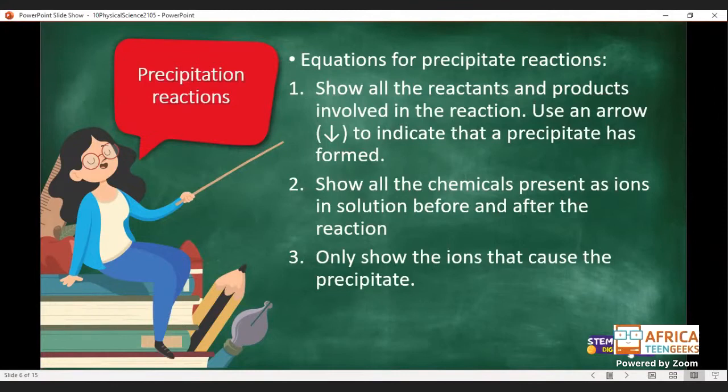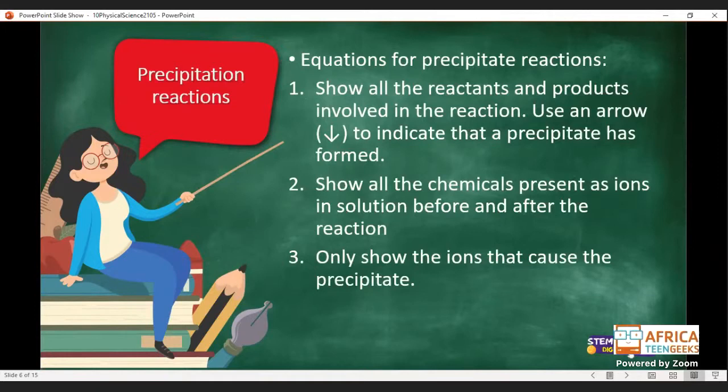And how we say it is we say that the net reaction excludes the spectator ions.